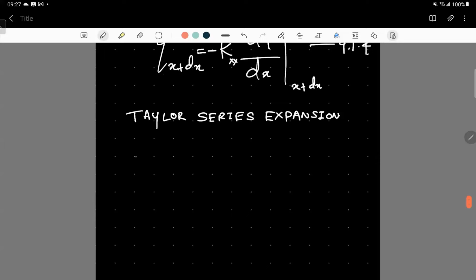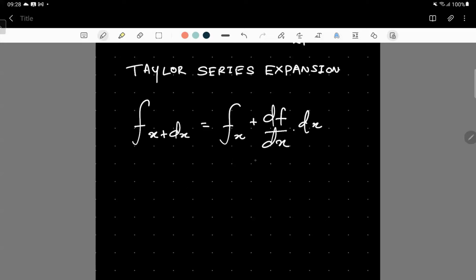In the general form, if there's a function evaluated at x plus dx, it can be written using the function evaluated at x plus the derivatives. That is, the first derivative of the function with respect to x multiplied by dx, and the second term would correspond to the second derivative of this function with respect to x multiplied by dx squared divided by 2, and so on and so forth.